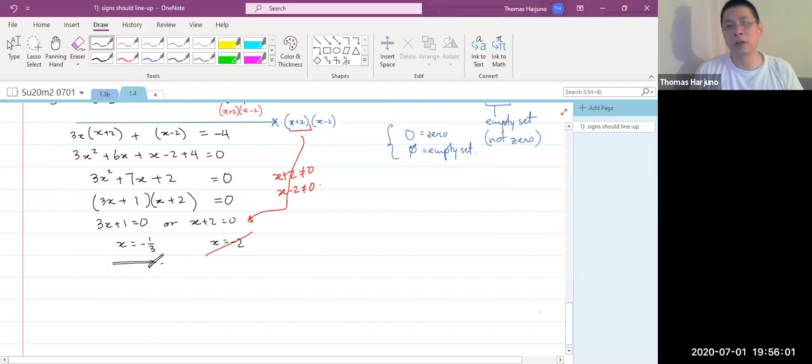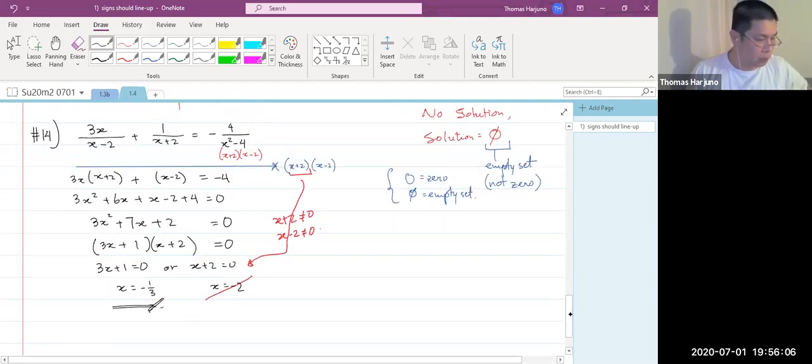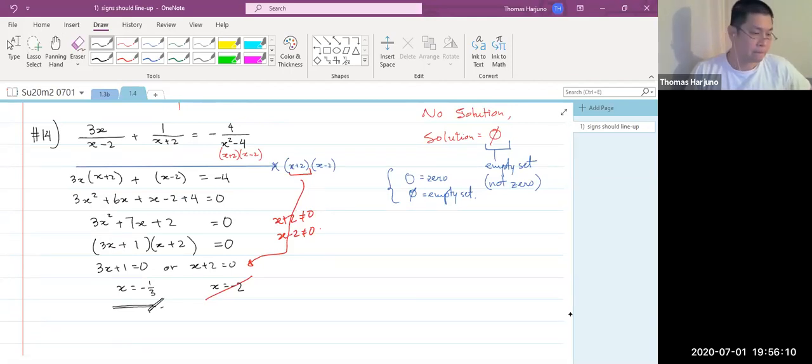From here, we see one example of how to solve a problem by factoring. We start from rational equations, multiply by the LCD, it suddenly becomes a quadratic equation, and then we solve that by factoring.